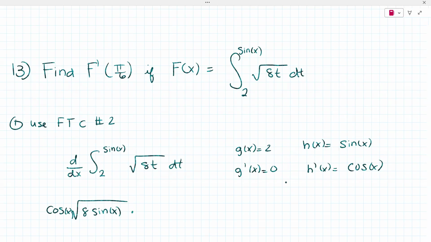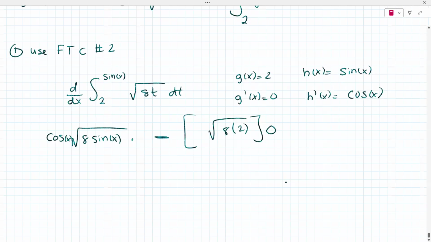Minus, then you apply t for g of x. So this is going to be square root of 8 and replace t with g of x, which is 2, times g prime of x, which is 0.